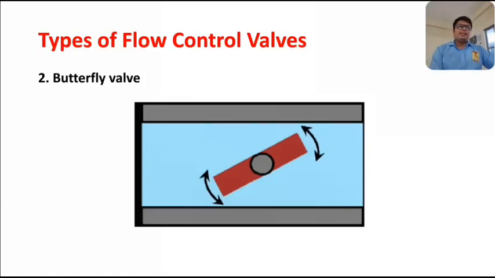It has a high risk of leakage in the shut-off position, and it suffers from the dynamic torque effect. The butterfly valves are favored because of their lower cost, and they are lighter in weight. The disc is always present in the flow, therefore pressure drop is induced regardless of the valve position.